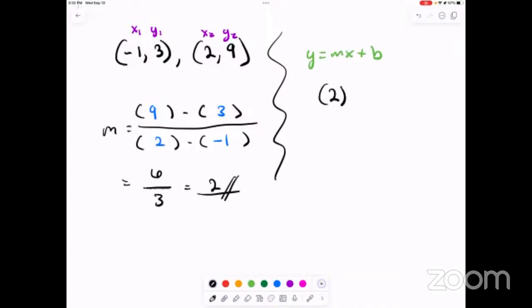We're trying to solve for b, and my y is 3. So ultimately b is going to be equal to, we add 2 on both sides, so 5. We got our slope, we got our y-intercept. So the equation of our line is going to be y equals 2x plus 5.